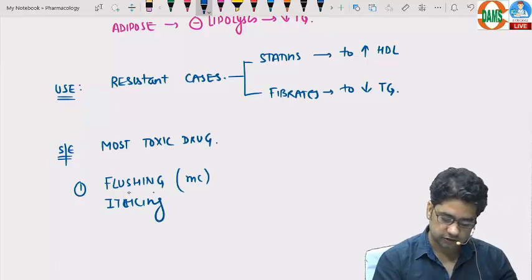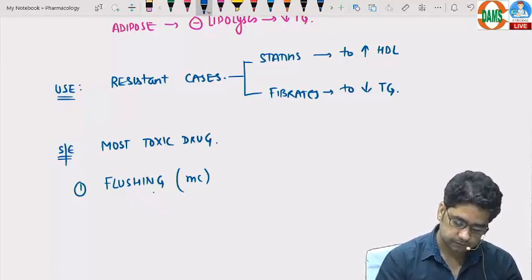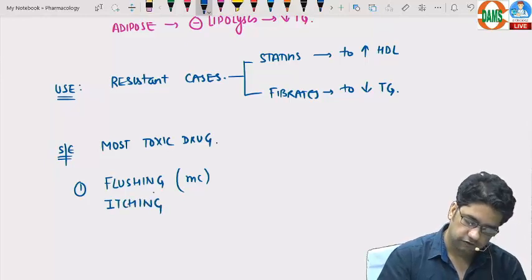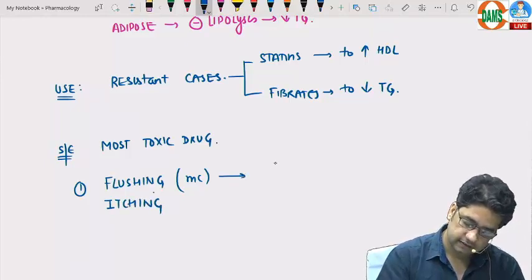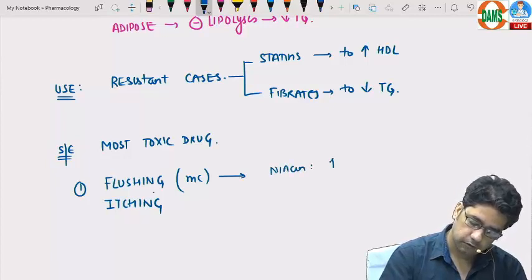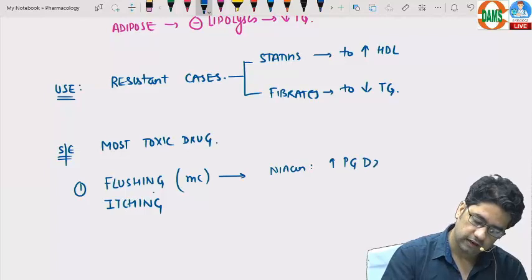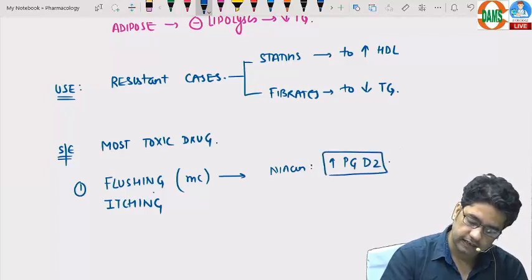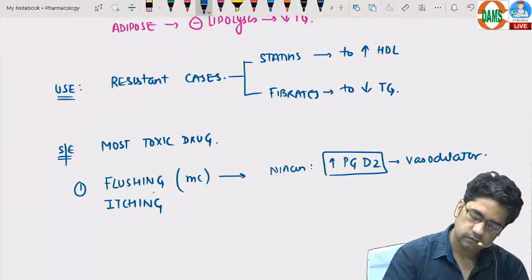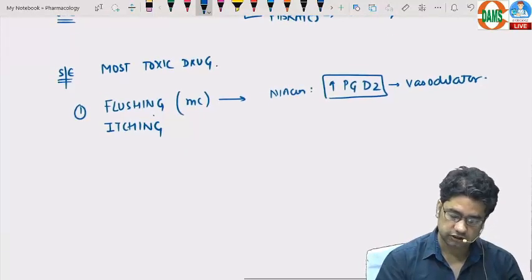Correct the spelling of itching. Why? The reason: niacin increases prostaglandin D2 level. Prostaglandin D2 acts as a vasodilator and it also causes itching.